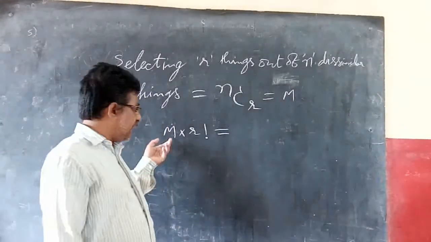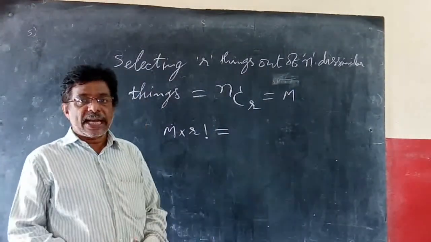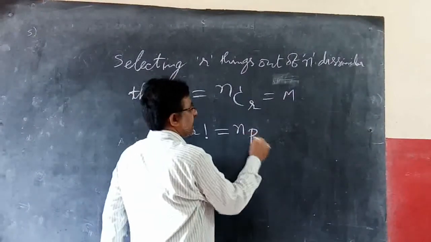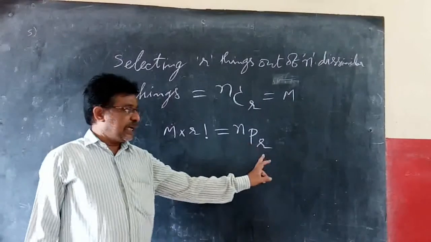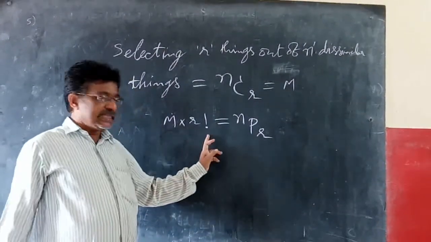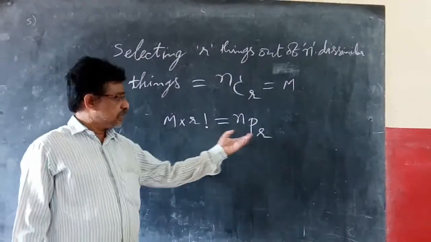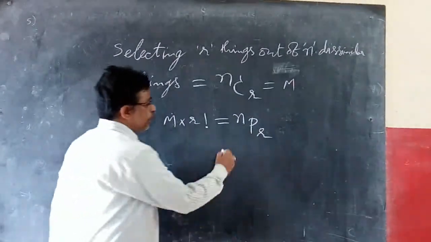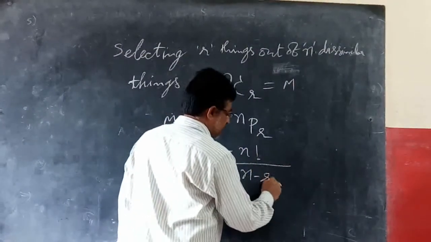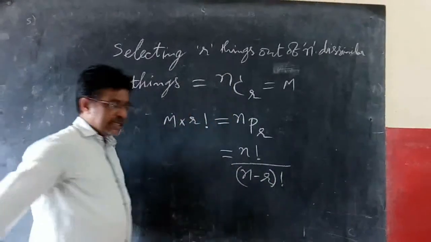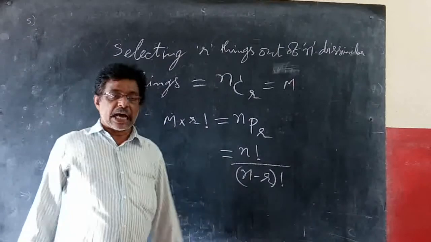Selecting r things and arranging them is the same as just arranging r things out of n things. So this is equal to nPr. We know the nPr formula: n factorial by n minus r factorial. This proof we discussed in permutations. So nPr is equal to n factorial by n minus r factorial.